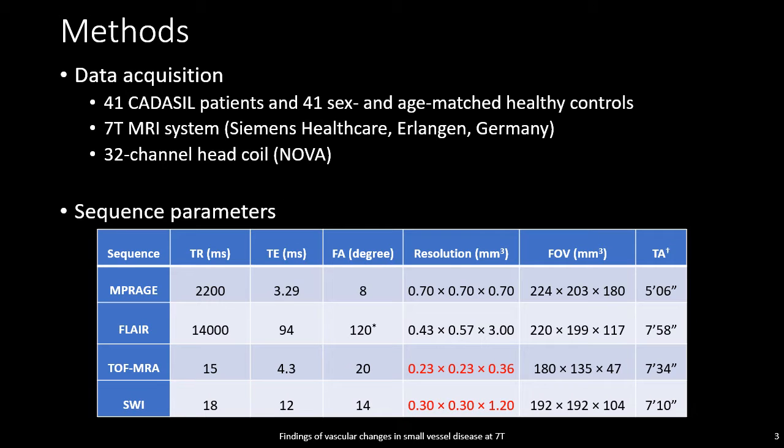We enrolled 41 patients and 41 sex- and age-matched healthy controls. We used a Siemens 7 Tesla MRI system and a 32-channel Nova coil. The protocol included T1 MP2RAGE, T2 FLAIR, TOF, and SWI. Due to the benefit of 7 Tesla, the resolutions are relatively high.